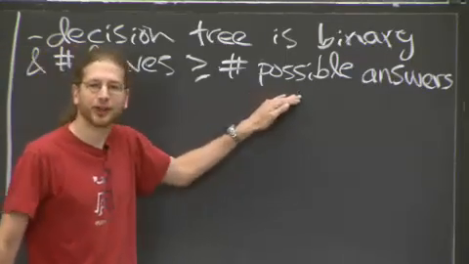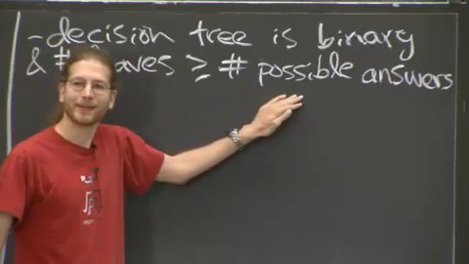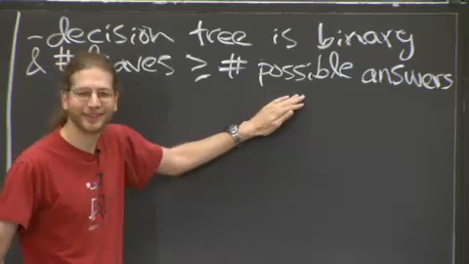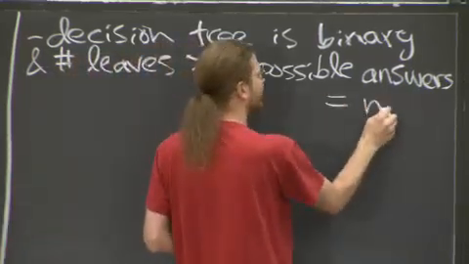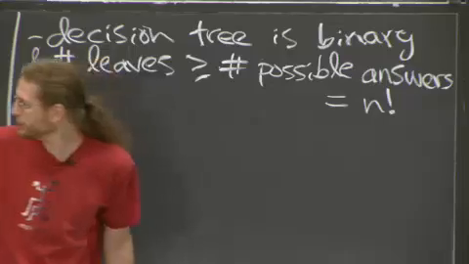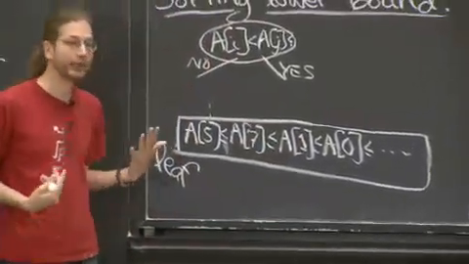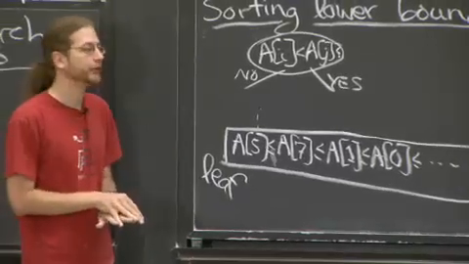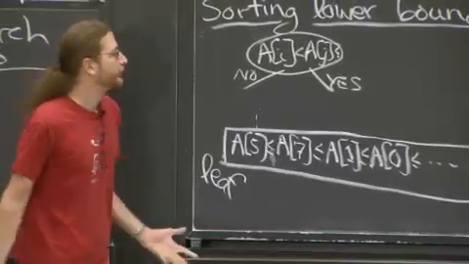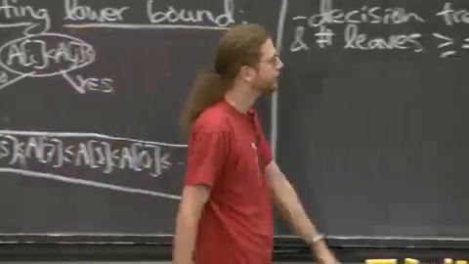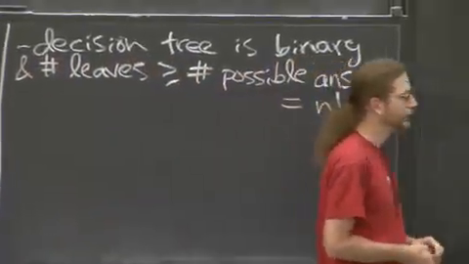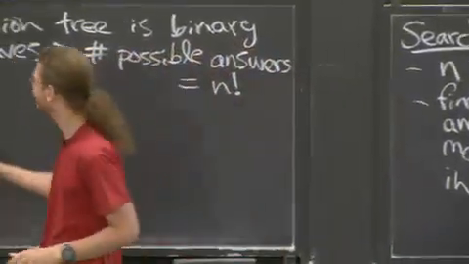And how many possible answers are there? N factorial. Right, number of permutations. This is a permutation of the input sequence. And if all the items that you're given are distinct, there will be n factorial permutations of them. So that's the worst case. So n factorial.